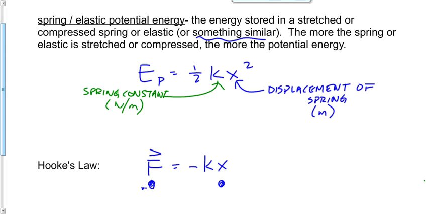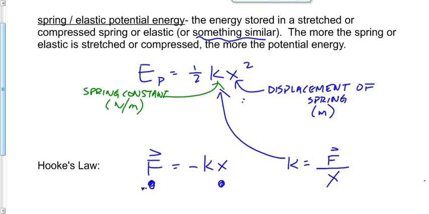Now, how does this help us with this stuff? Well, if you want to find the spring constant, what will often happen is that you're given the force and the displacement, and you have to find the spring constant and then plug that back into here. Now, notice I've dropped a negative there.